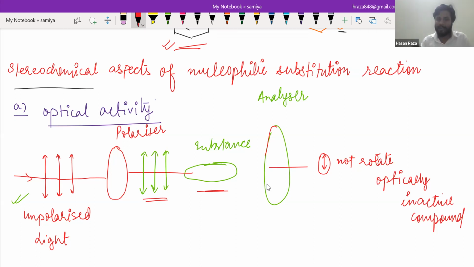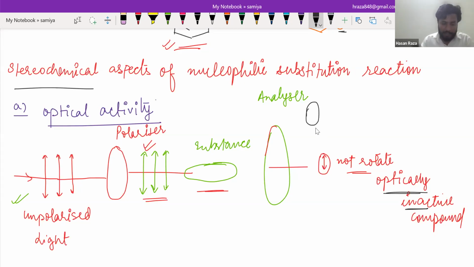How are we going to decide? This polarized light after passing through this substance will either rotate or not rotate. If it will not rotate, that means this compound is optically inactive compound. And if it will rotate, then it will be optically active compound.